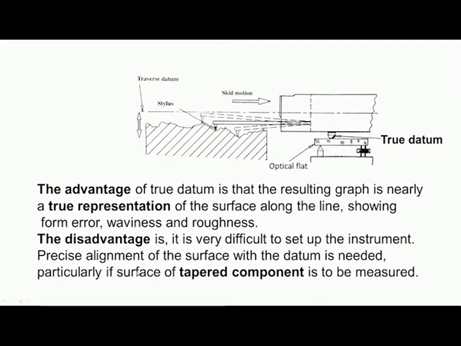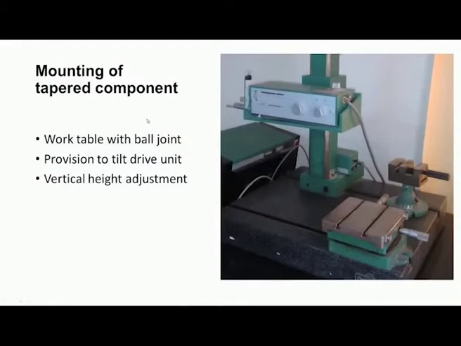So, very precise alignment of the surface is required, particularly if the surface of a tapered component is to be measured. Now, you can see the mounting of a tapered component. When tapered components are to be measured, how do we adjust the datum in the case of a true datum system?